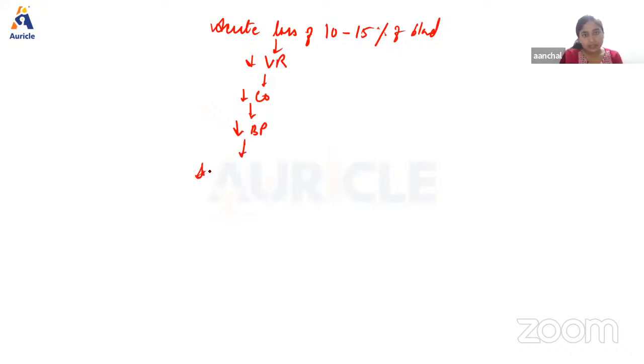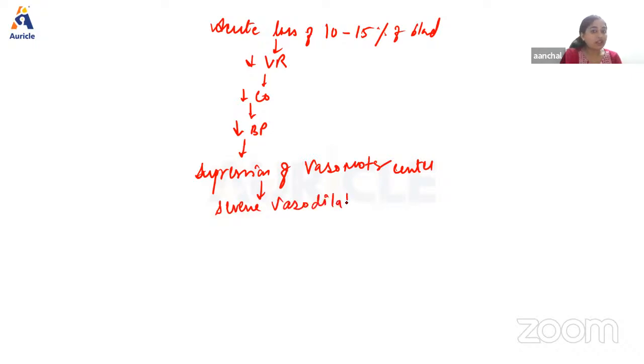First there will be suppression of the vasomotor center. As we know, the vasomotor center is responsible for maintaining constriction. Whenever there is suppression, it will lead to vasodilation. Okay, so there will be severe vasodilation. If severe vasodilation is there, there will be a decrease in blood pressure.